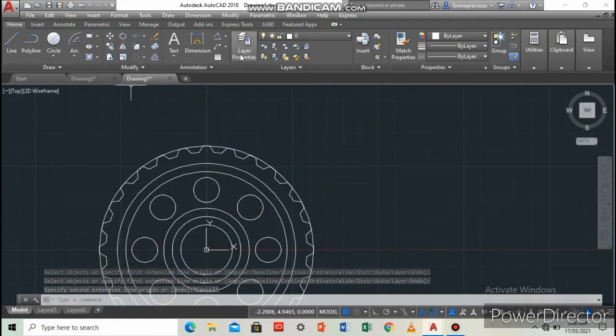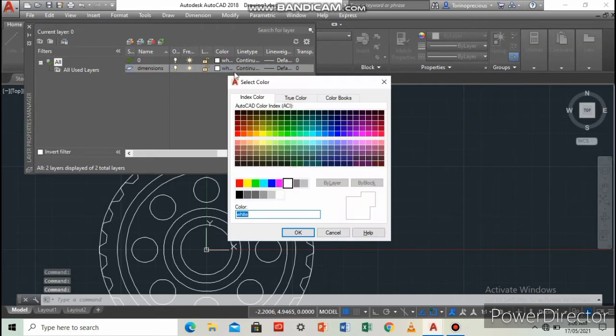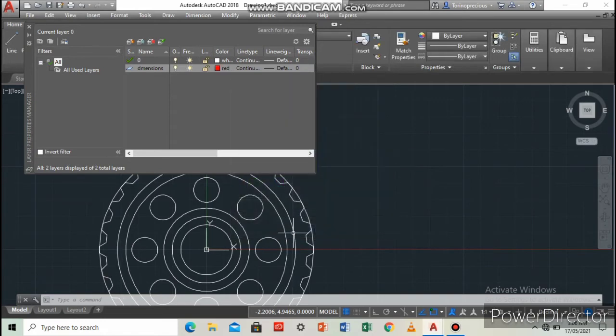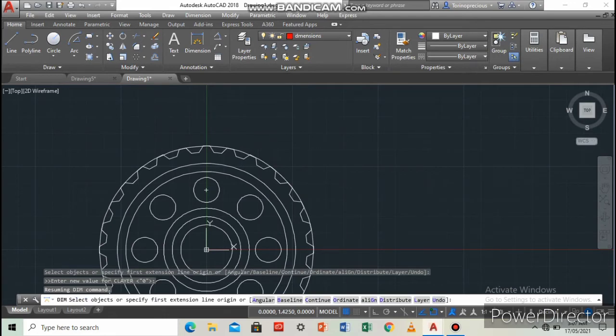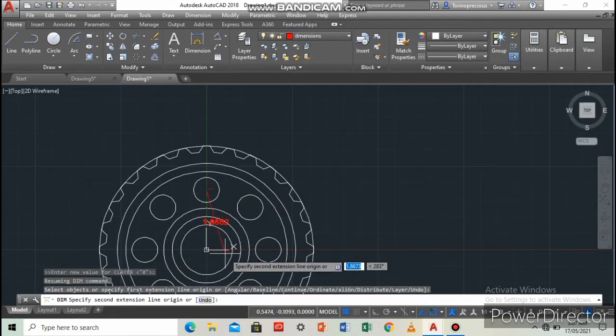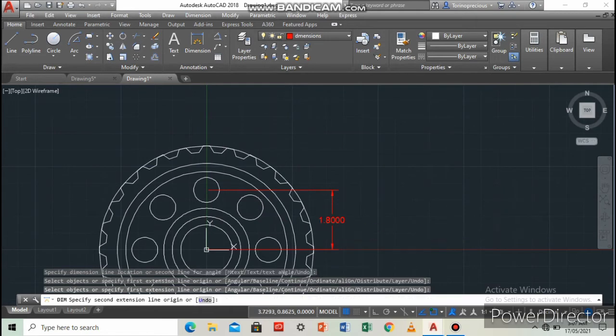So next, let's create the dimensions of this figure. So I'm going to create a layer for dimensions with red in color. And from this center of the circle, it must have a measurement of about 1.8.